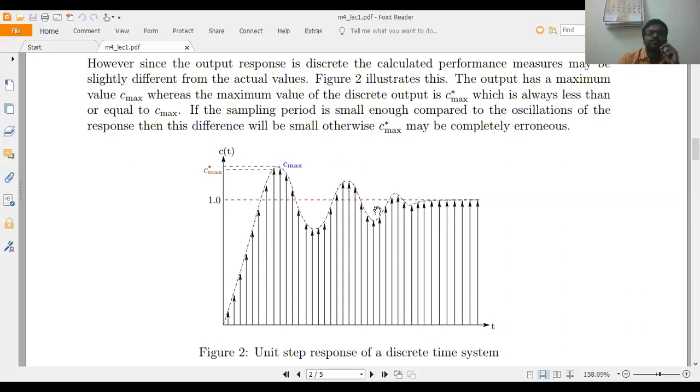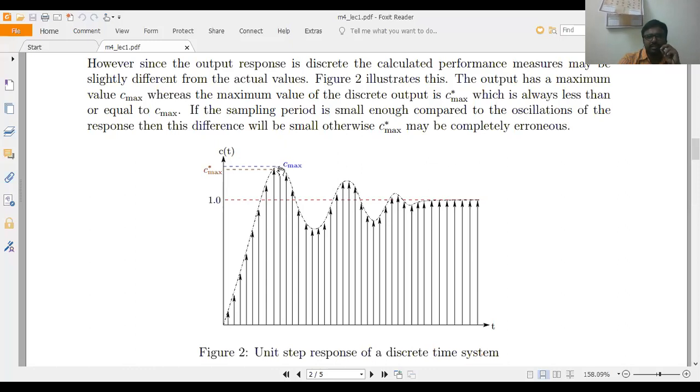Let us consider this is an output response of a discrete time system. All these specifications are regarding this particular unit step response.